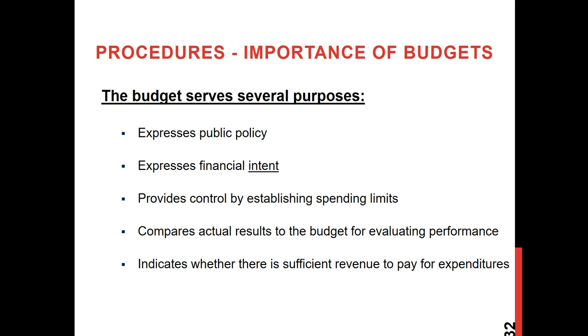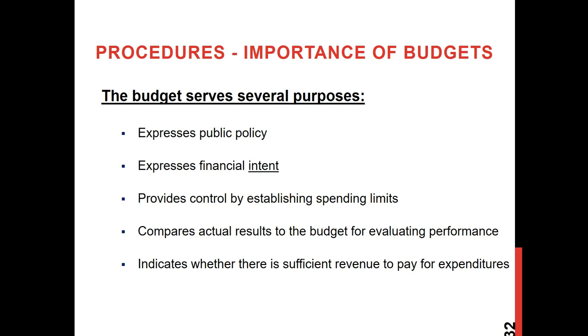It also helps the government to control, because sometimes the budget will set you the limit, how much maximum you can spend, or if you have any deviation, what would be your next step to achieve your target. Or at the end of the year, when a financial year has just passed, you can match whatever you spent with your budgeted numbers.